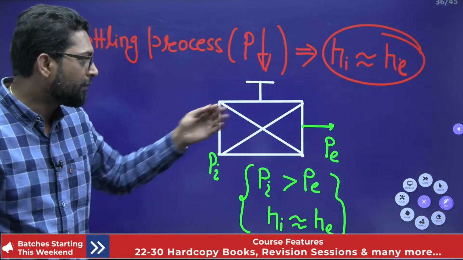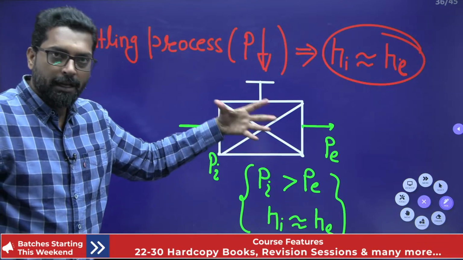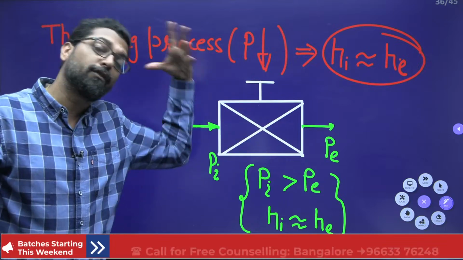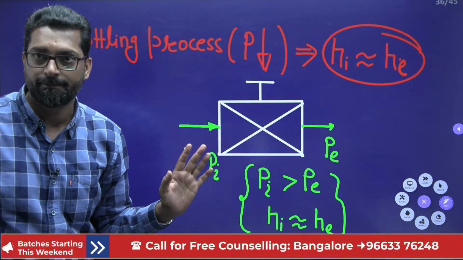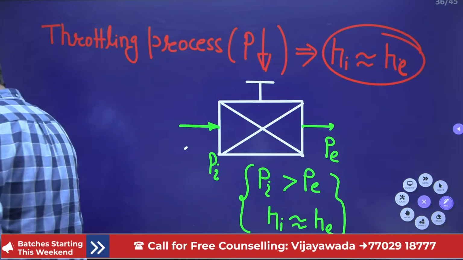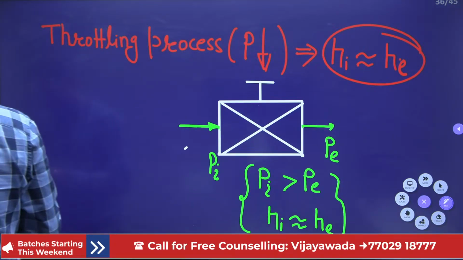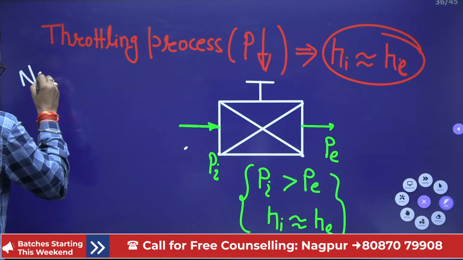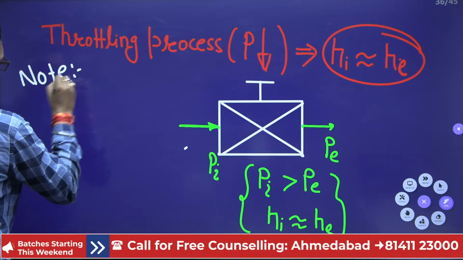Okay, and some inside advantage of the throttling. Why? Because this throttling is a device which is frequently used in the domestic refrigerator. So it is very important, beta. I am telling you, this is very important.